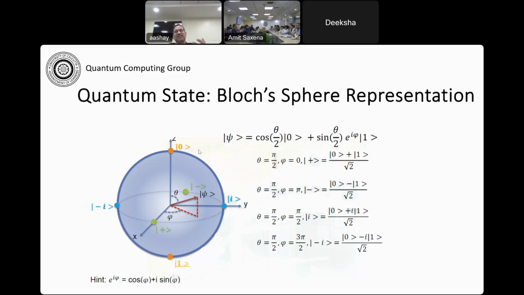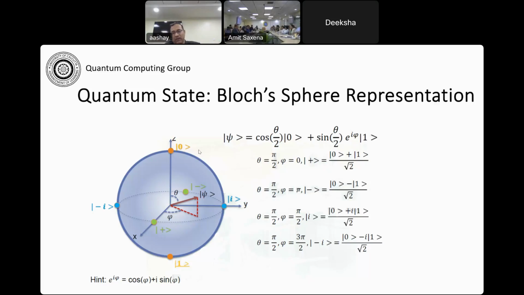You see that orientation from the z-axis to the x-axis can be easily done by changing theta and phi, right? And those who have studied QKD know what we do in QKD. In QKD we randomly orient the basis of the qubit state, so that we don't know where to measure this qubit. We'll come to the measurement also, right?